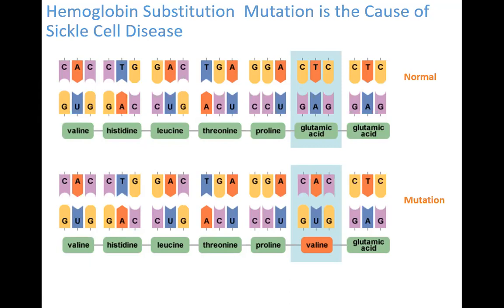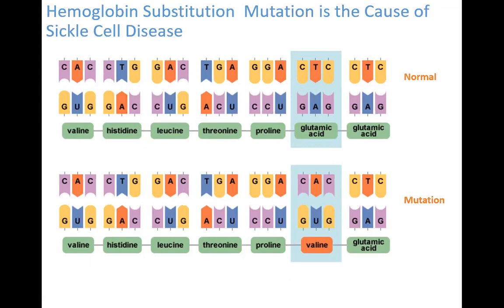But down below at the mutation, and for the mutation to occur, it's inherited. This is not something anybody acquires. It's an inherited disorder. A person is a carrier of sickle cell disease if they have inherited one of the genes. You have to have both parts of the gene to exhibit the disease.